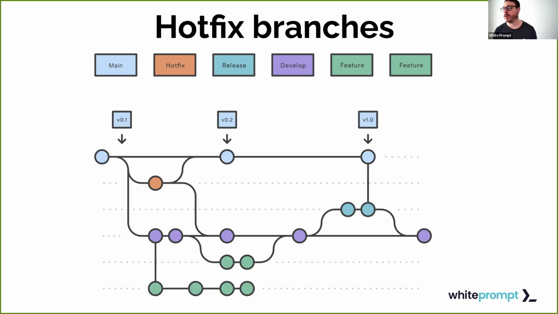Lastly, we have hotfix branches. Hotfix branches are quickly patched to our production releases. And this is the only branch that can be based on main. The intention of these branches is to fix something that is already in production. And they are merged both to main and develop, or also to the current release branch that is being opened.